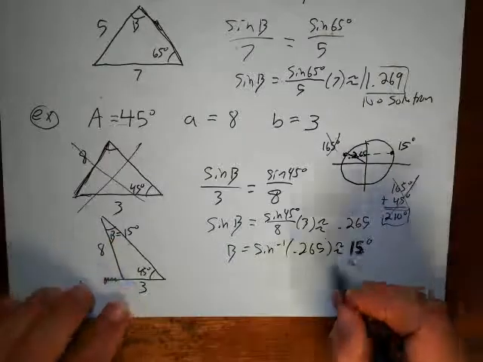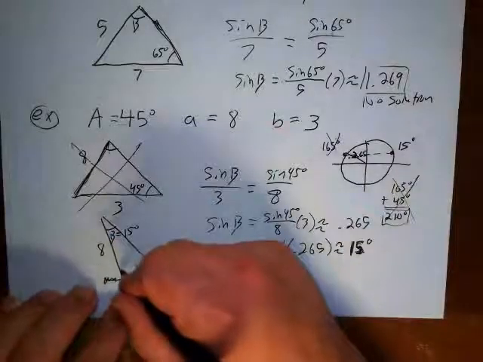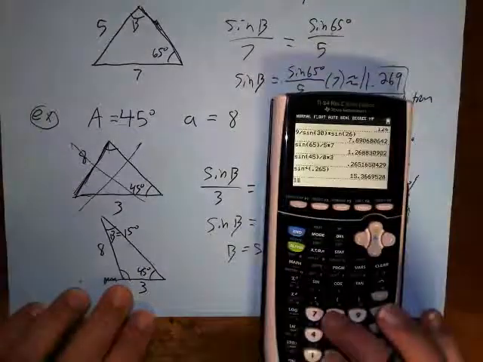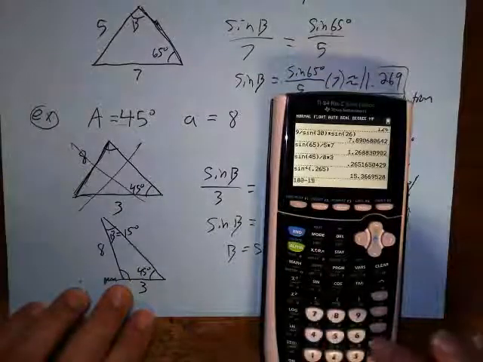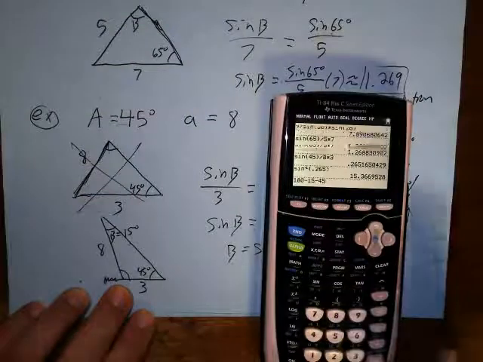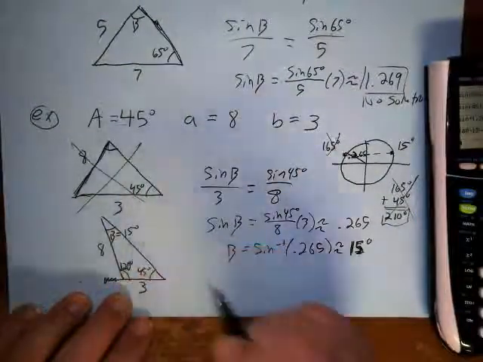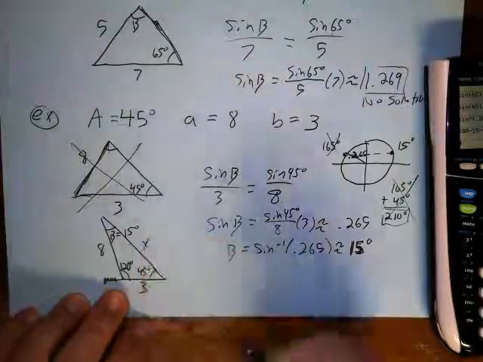So now I can use this to solve the rest of the triangle. So I'm going to do 180 minus 15 minus 45, and I get 120 degrees. So this angle is 120 degrees, and we'll call that x.